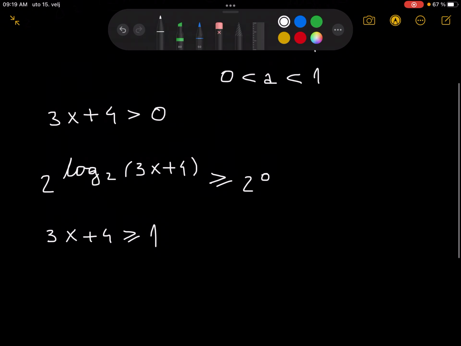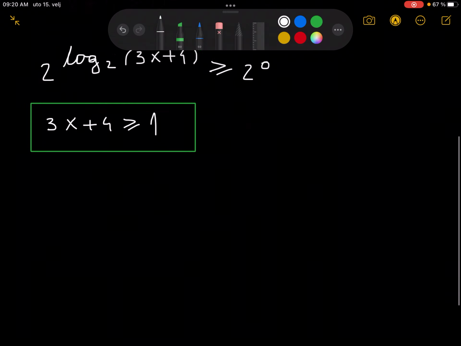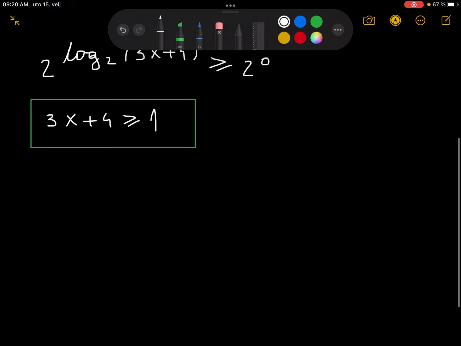So we have to solve both of these inequalities, which I'll mark in green, and find the values of x which satisfy both of them. So 3x plus 4 is greater than 0.